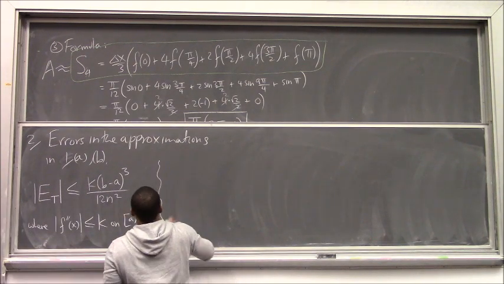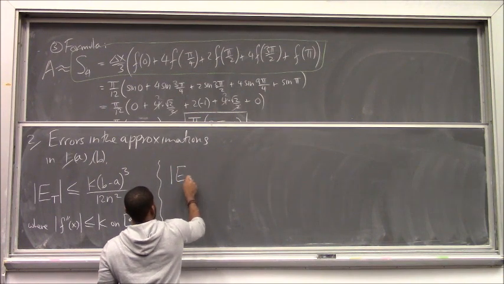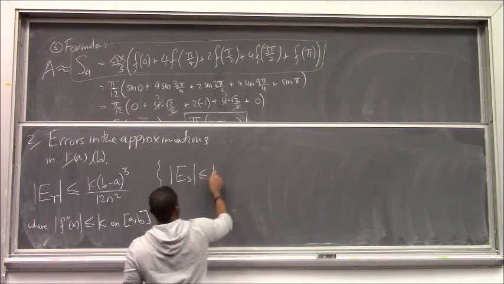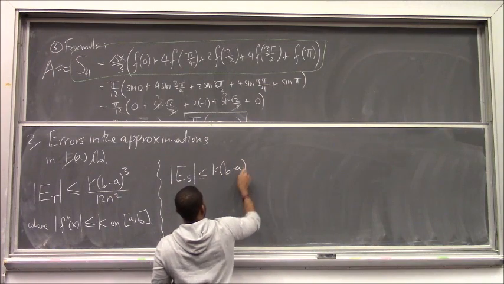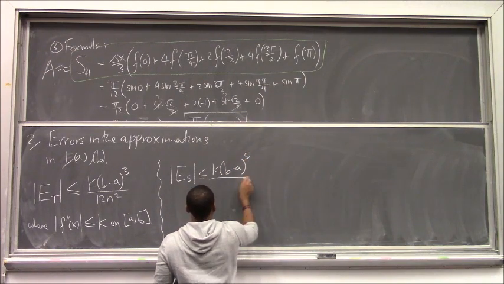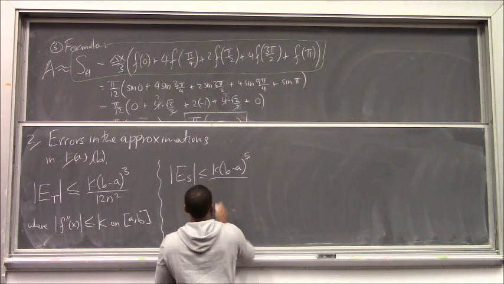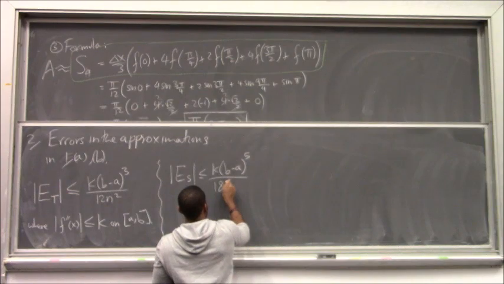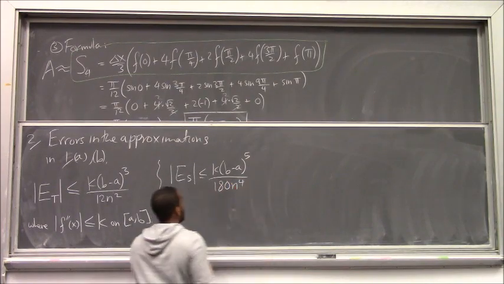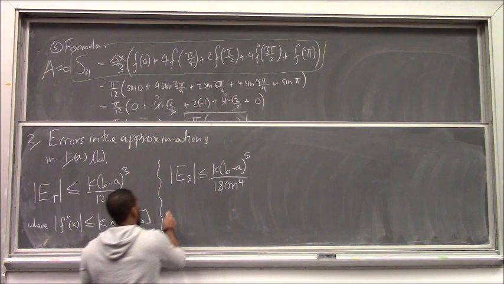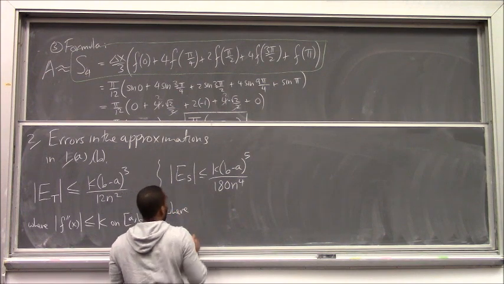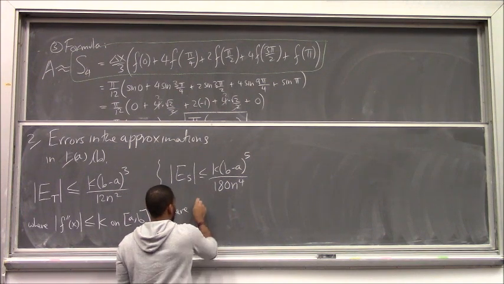Versus, we have an error associated with Simpson's Rule. I believe it's (b minus a) to the 5th over, it's like 180 and so forth. Yeah, 180. Your K here has a larger requirement, quote unquote.